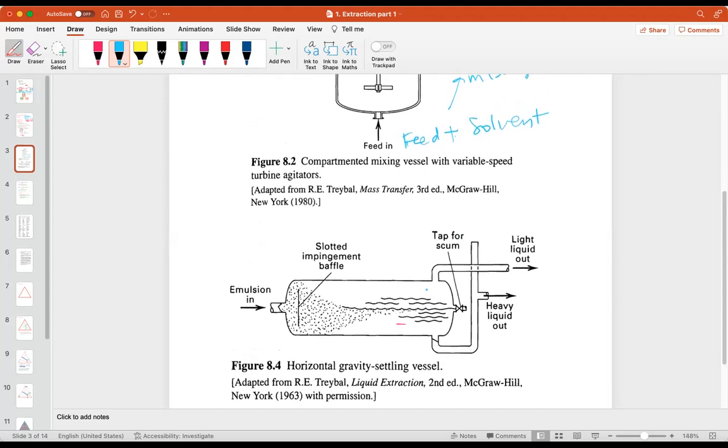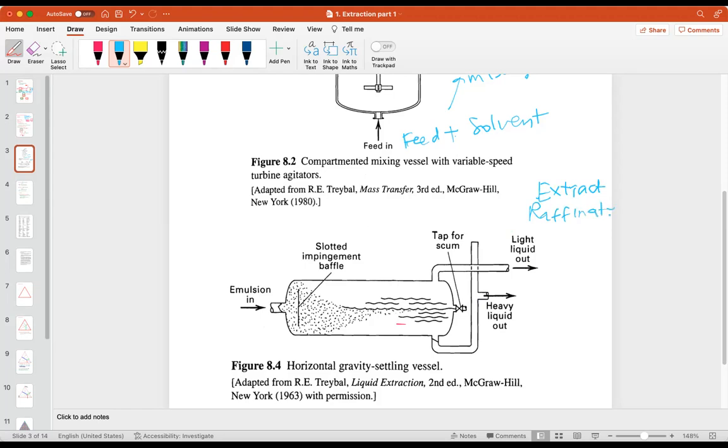Usually one is called the extract, and I don't know which one is the extract because I don't know which one is lighter or heavier. The remaining original solution, the original solvent, is called the raffinate.